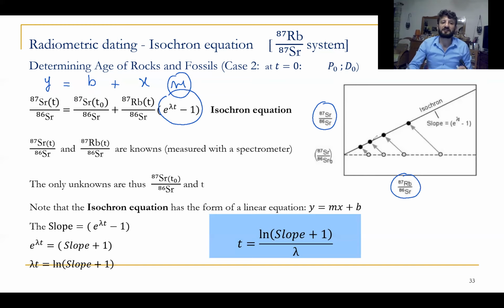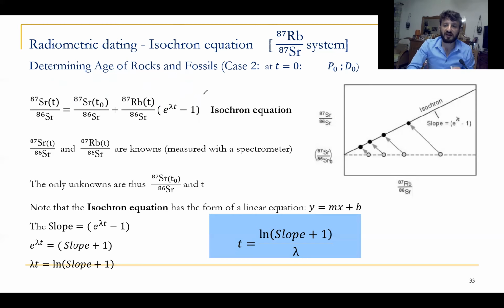This is the slope of this line. In general, I give you this value and this value, so the slope will be exponential lambda t minus 1. From this equation, we can find the time t, or the age of rocks and fossils, where lambda t equals ln of slope plus 1, so t equals ln of slope plus 1 divided by lambda.